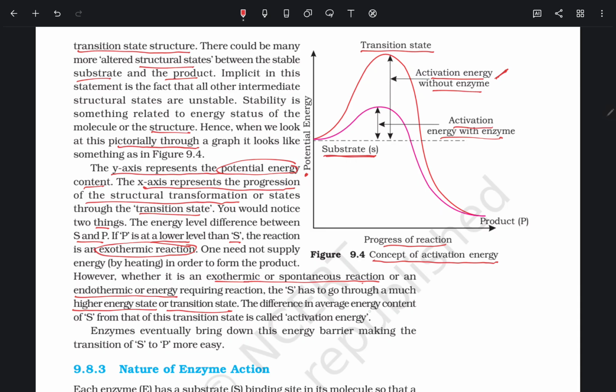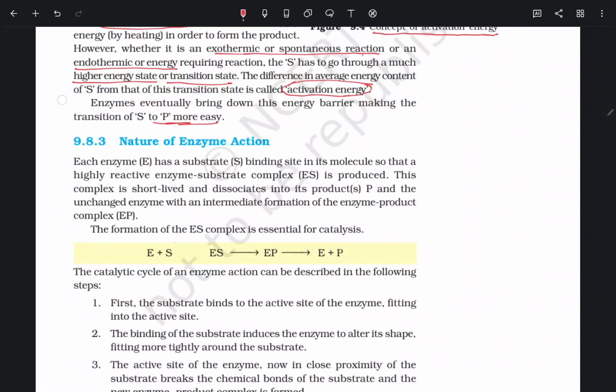The difference in average energy content of S from that of this transition state is called activation energy. Enzymes eventually bring down this energy barrier, making the transition of S to P more easily possible.